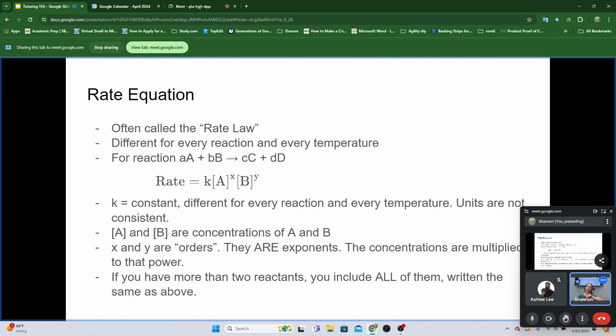I'm going to use rate equation because I'm staying consistent with the book, but just so you know, if you're in chemistry in the future, it's called the rate law. Every reaction at every temperature has a different rate law. It changes depending on exactly what the reaction is and what the temperature is.